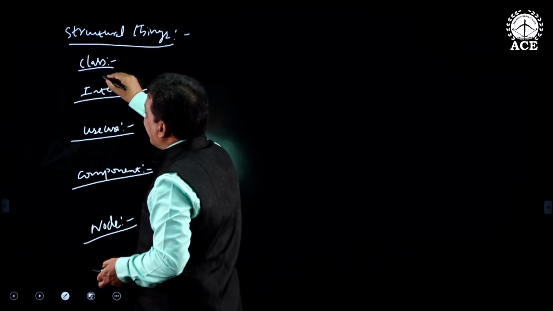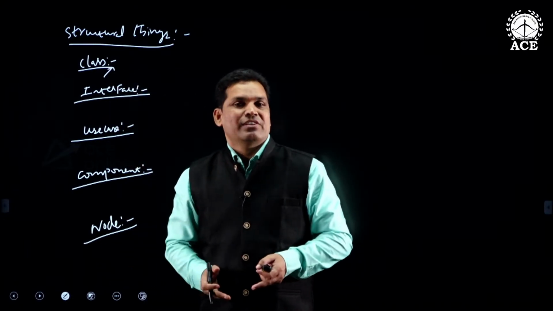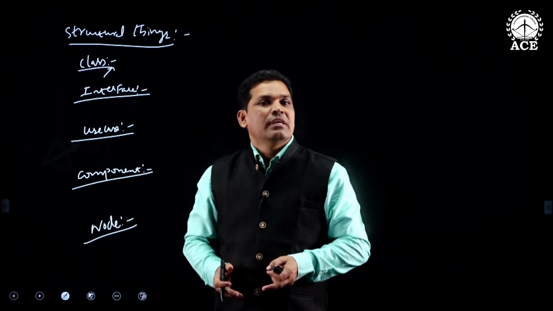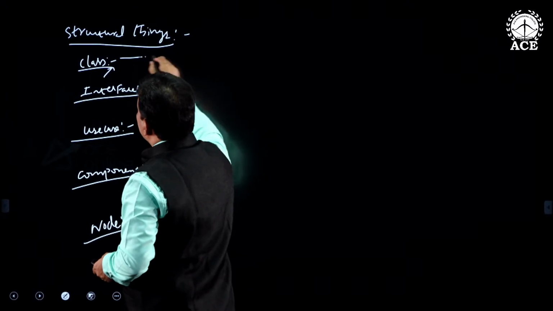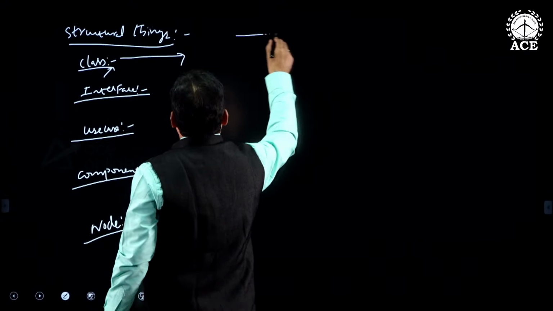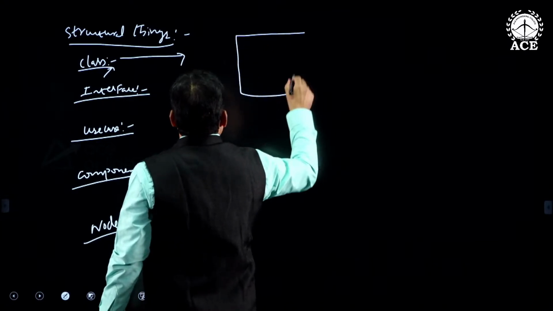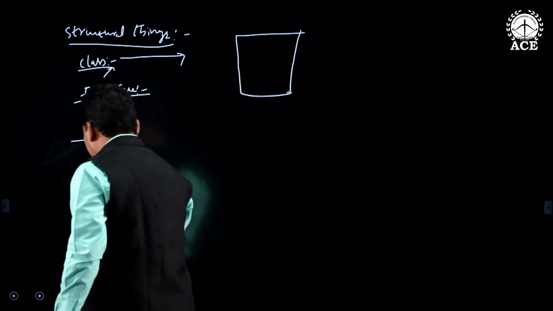So what does class represent here? A group of similar objects can form a class. What is the graphical representation of class in UML? The graphical representation of class in UML is a rectangle box.